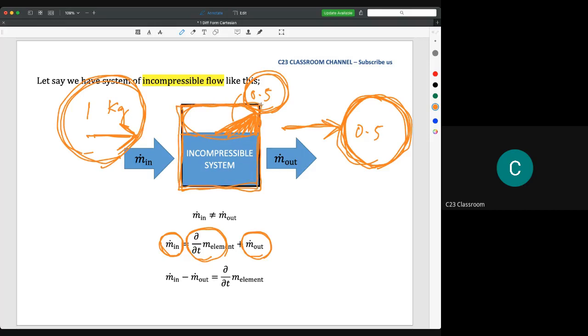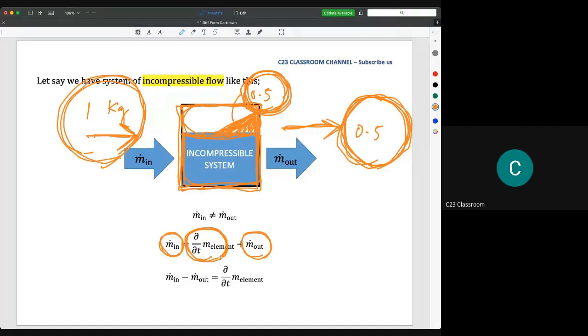So means that at minute 1, the blue mass is maybe 10 kilogram, and after a certain time, the mass is changing into 10 kilogram plus another 0.5 kilogram. So the changes of mass over time is written as dm dt.